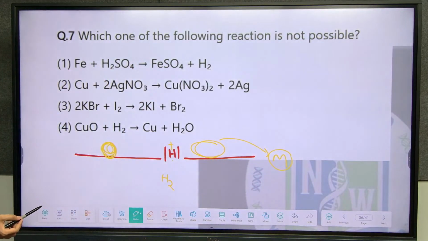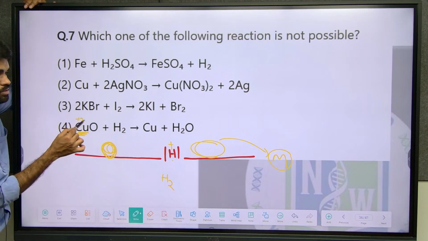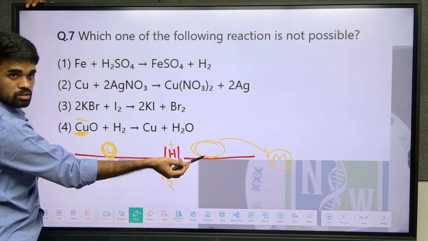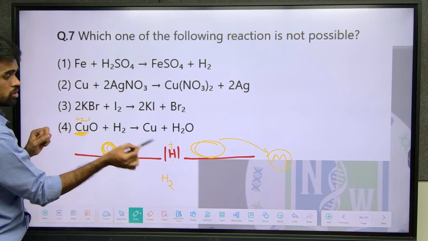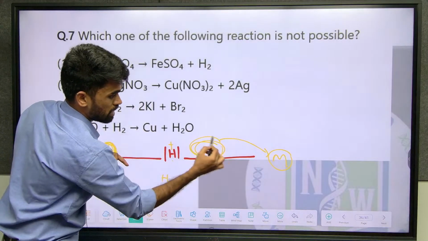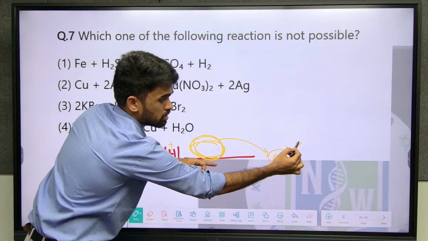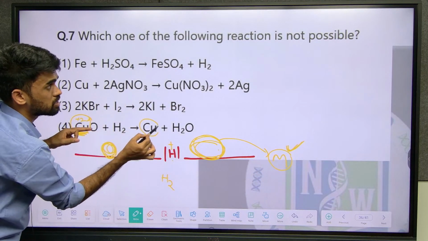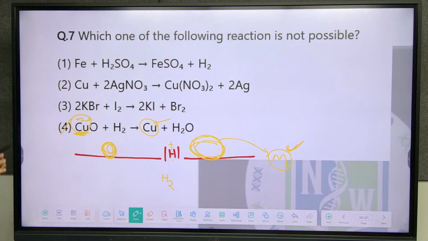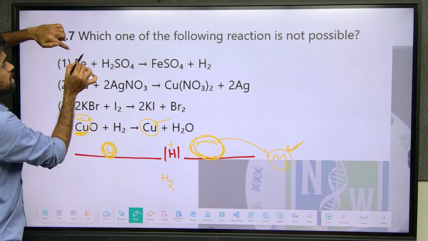Here copper is there. Which side will it be? Right side. So the metals on this side won't deposit H2, they will only deposit as metal. With plus 2 charge, they will only deposit as metal. So it is possible. Like that, Fe is there. Is there any charge on it?